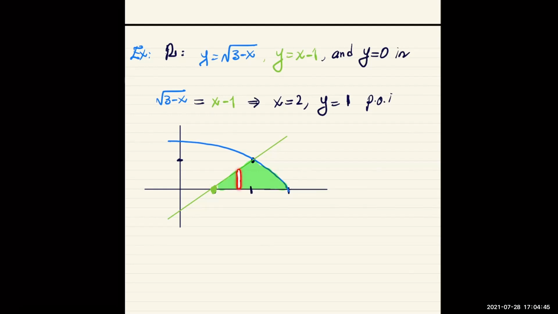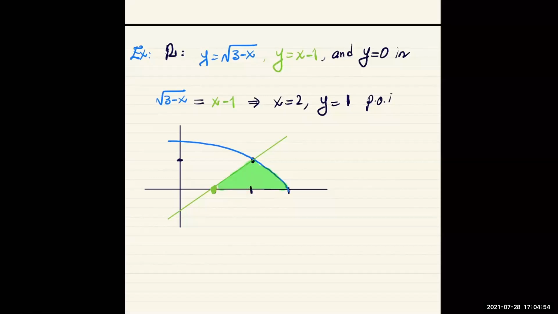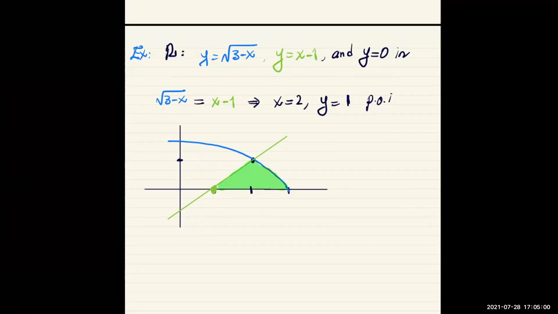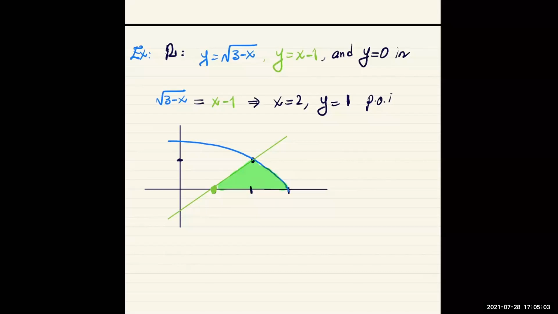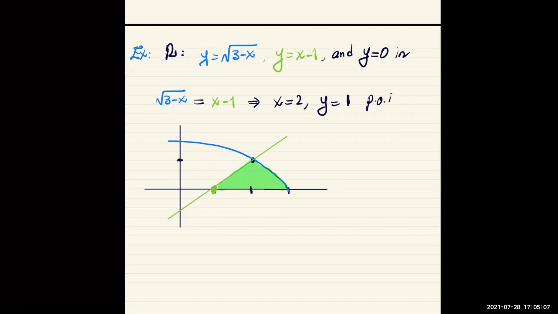For instance, if I take a rectangular strip like that, the top is green, the bottom is the x-axis. Whereas if I take a strip right here, top is blue, bottom is the x-axis, right? So rectangular strips don't always have a consistent height.